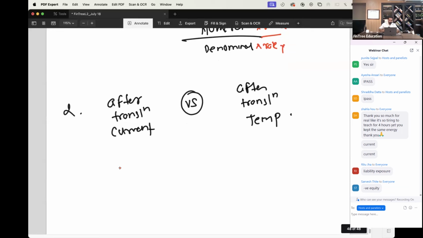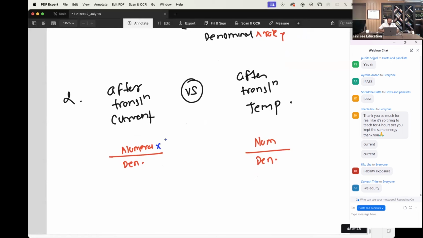So here what you need to do now, which gets very complex, is this numerator, this denominator, this numerator, this denominator. If you are converting at rate x1 and if you are converting at rate x2, then you need to check which one is higher, x1 or x2. Let us say x2 is higher, then here the numerator is higher.